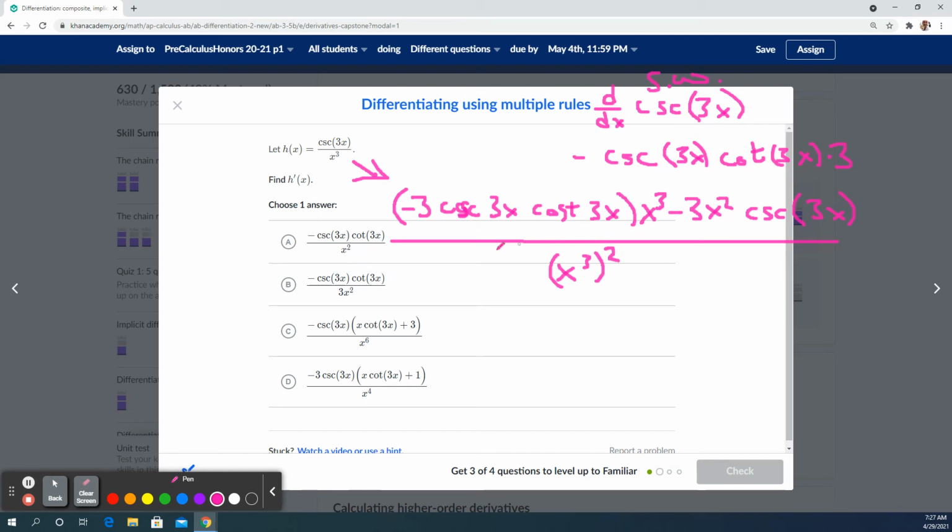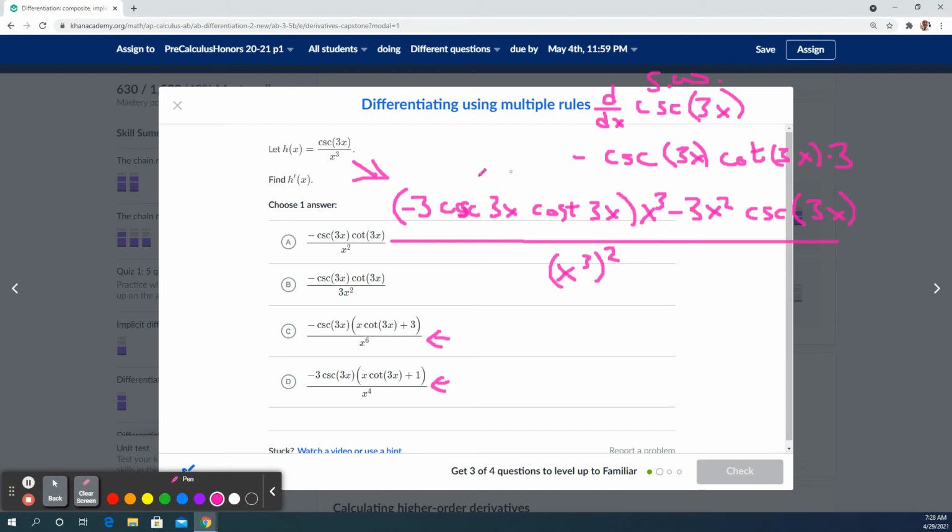Let's see. There's not really much rewriting to do here. Let's be careful. It looks like there's some factoring that went on. They factored out the cosecant and the 3. So let's go ahead and do that.